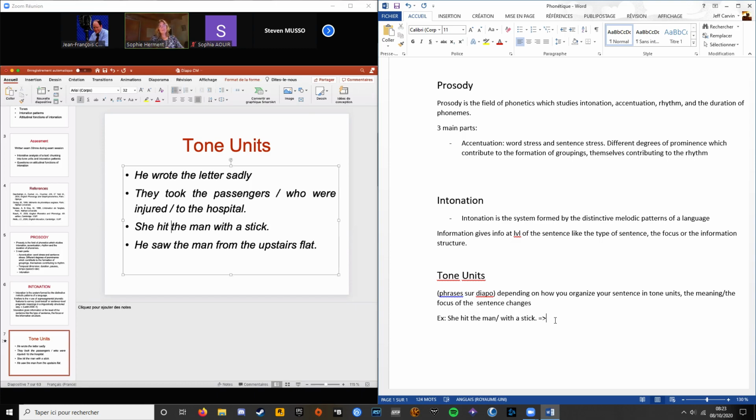But if it's really ambiguous, then you use the intonation and you use the division into tone units. So either she hit the man with a stick or she hit the man with a stick.